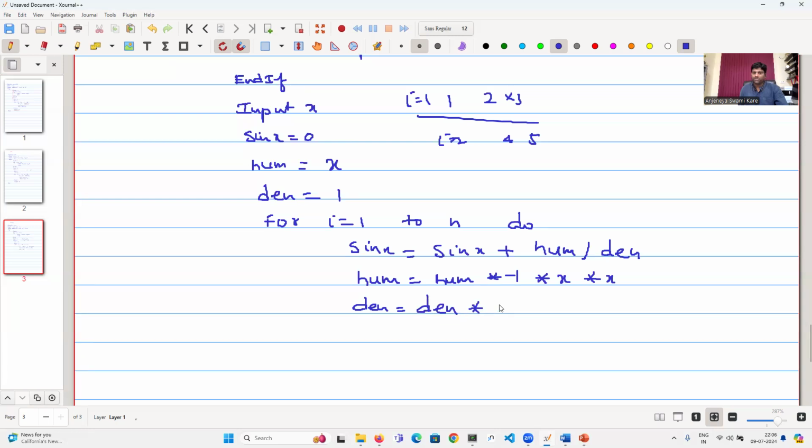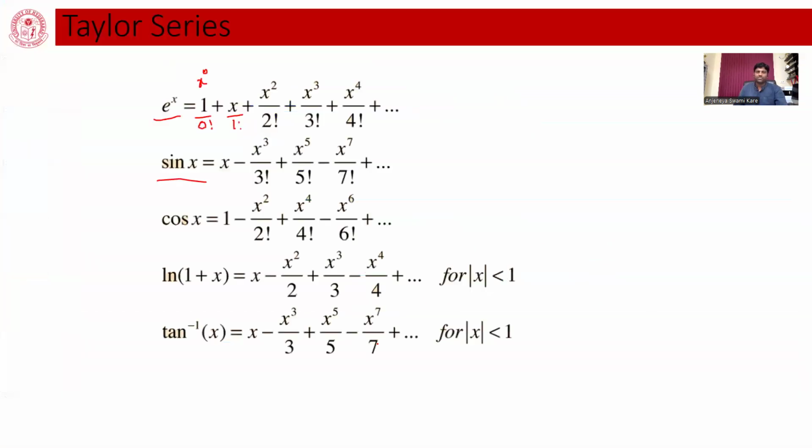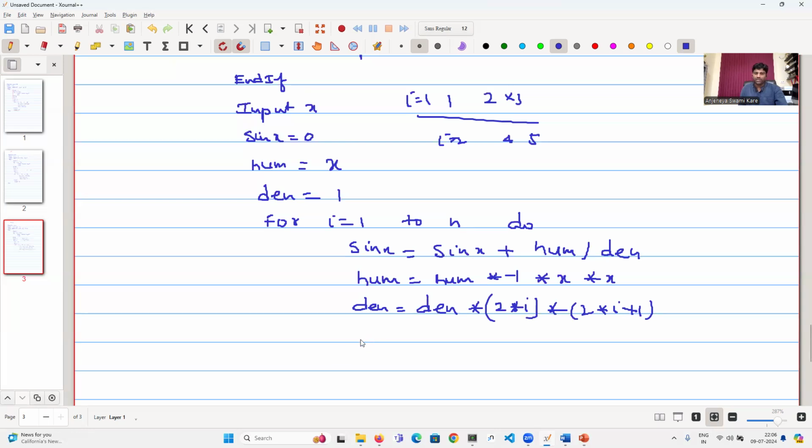Denominator multiplied by 2 star i, multiplied by 2 star i plus 1. This way, the denominator factorial value is 3 factorial, then 5 factorial, and then 7 factorial comes. And then end for, output sin x, and end of the algorithm.